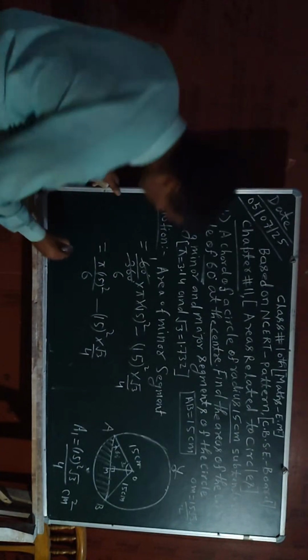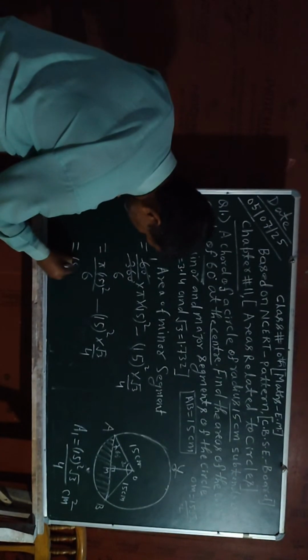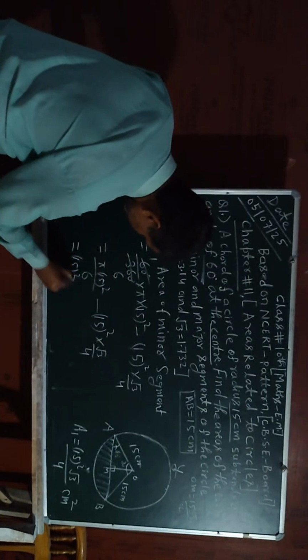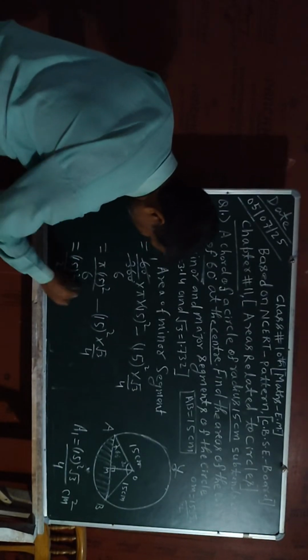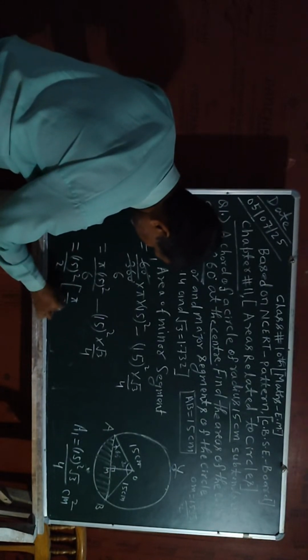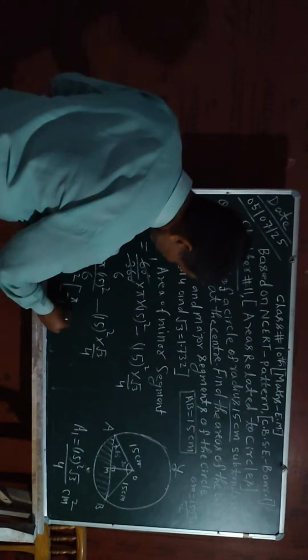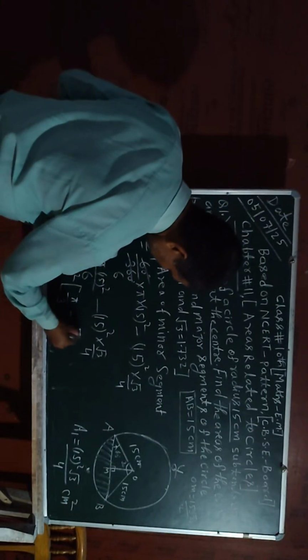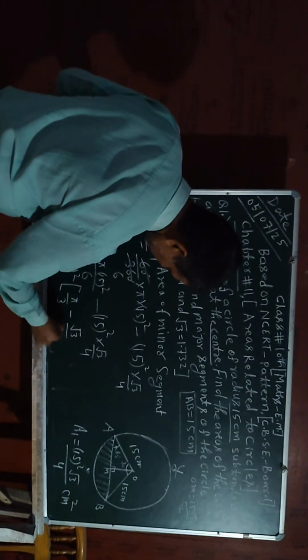So here 15 whole square divided by 2, I will take common. So here will be pi divided by 3, and now here will be root 3 divided by 2.